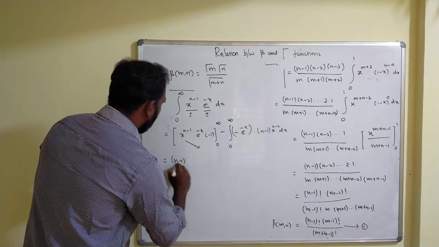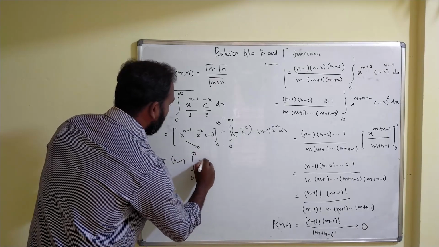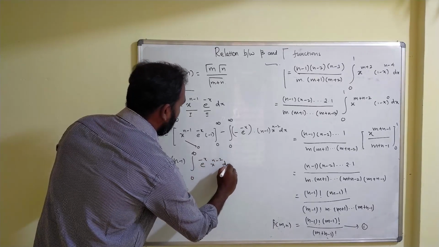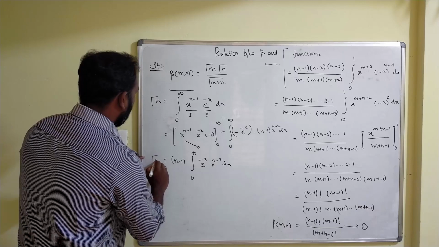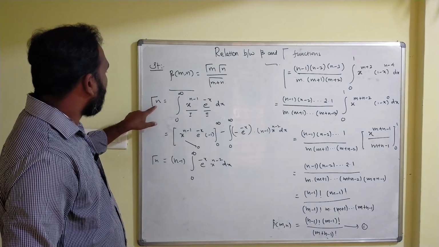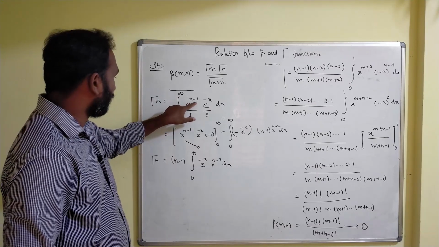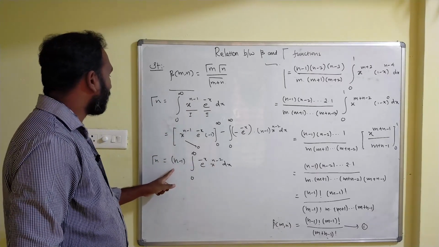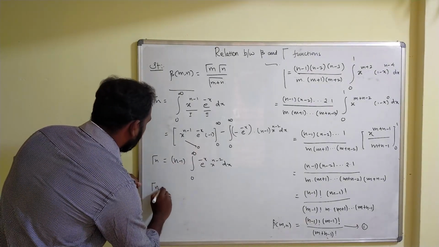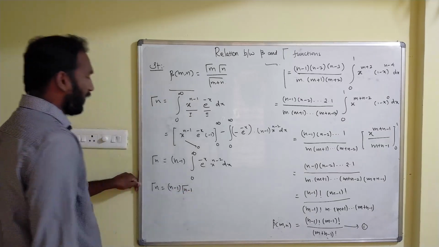So n minus 1 into integral 0 to infinity e power minus x into x power n minus 2 into dx. So this is the gamma n value, and just compare here. If it is gamma of n, we can write 0 to infinity x power n minus 1. If it is n minus 2, we can write it as gamma of n minus 1. Therefore gamma n is equal to n minus 1 into gamma of n minus 1.